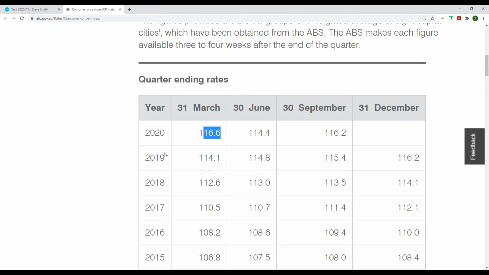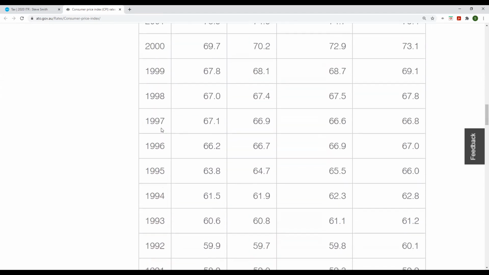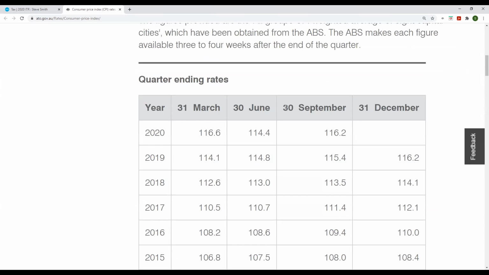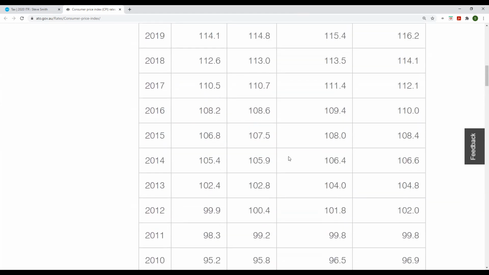When Louis purchased the rental property on 5th of July 1997, you go down to 1997, and 5th of July falls in the September quarter, since it comes under July up to September. For 1997, the figure is 66.6, right? Now we will come back to 15th of February 2019.